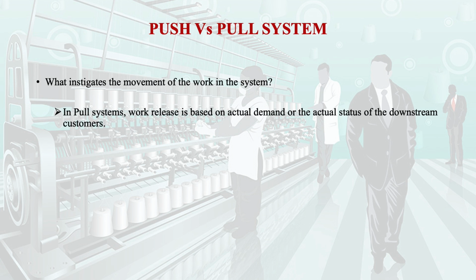The second type of system is known as the pull system, where the work release is based on the actual demand or the actual status of the downstream customer. It may cause long delivery lead time, but it acts reactively.